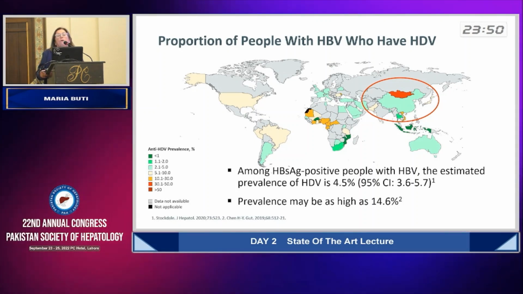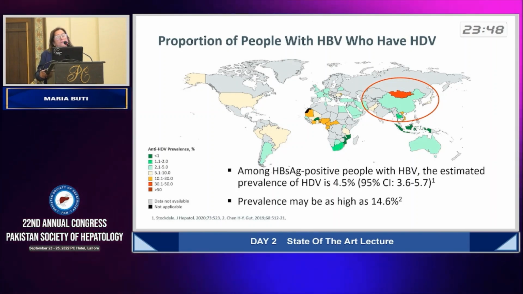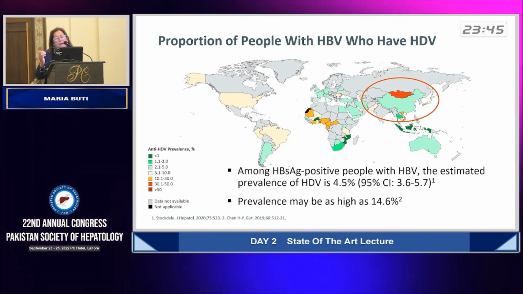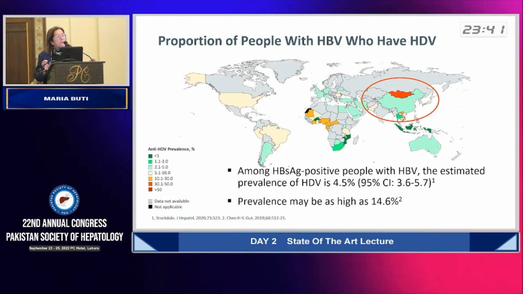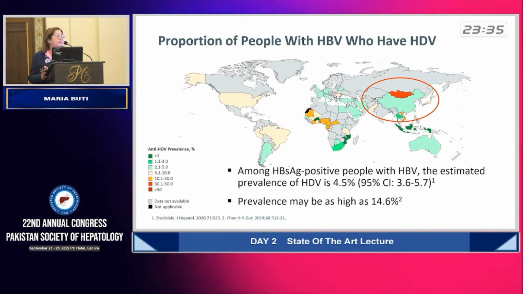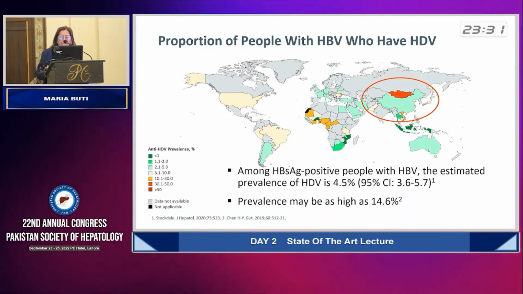But there are other studies suggesting that the prevalence could be much higher, 14 or 15%, with a very heterogeneous distribution and with some hot spot areas such as Mongolia and Sub-Saharan Africa.